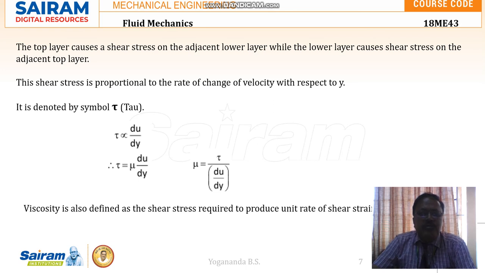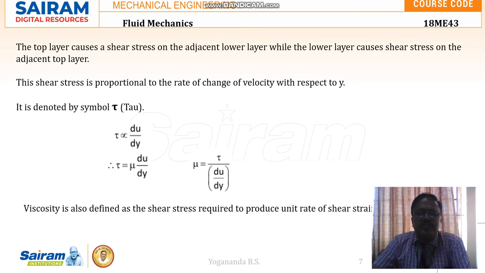This shear stress is denoted by the symbol tau. So tau is directly proportional to du, depending on the velocity, and inversely proportional to the distance between the layers of the fluid. If the distance between the layers is too much, the stress induced is also less.